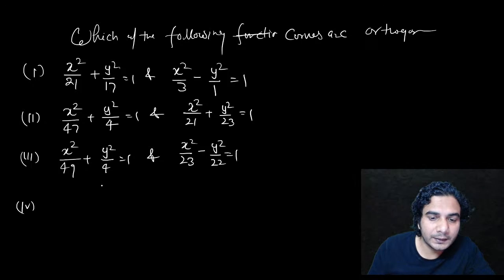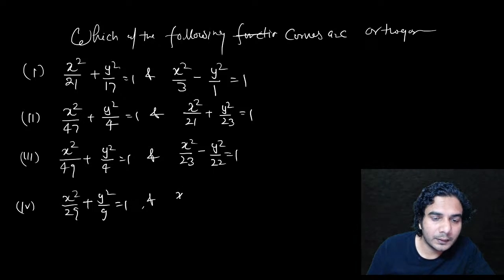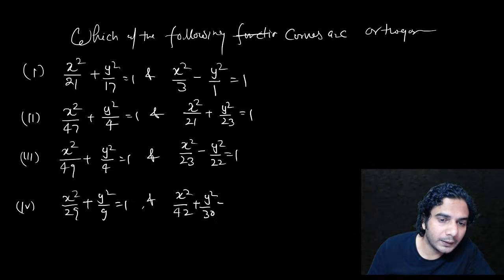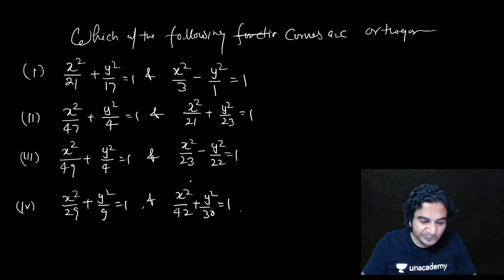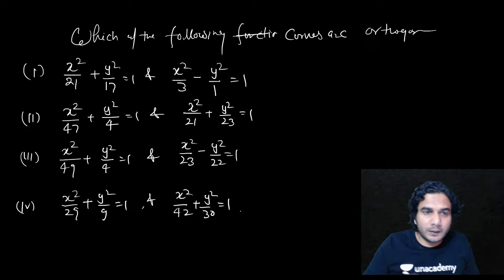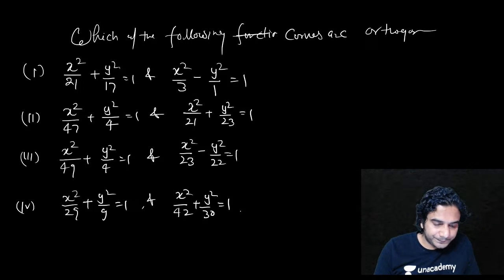Fourth is x square by 29 plus y square by 9 is equal to 1, and x square by 42 plus y square by 30 is equal to 1. So you need to figure out which of the following pairs will represent orthogonal curves. One or more than one answers might be correct.